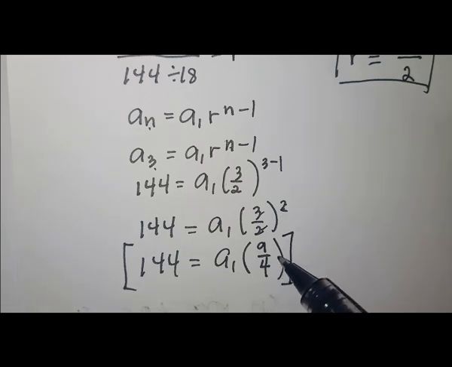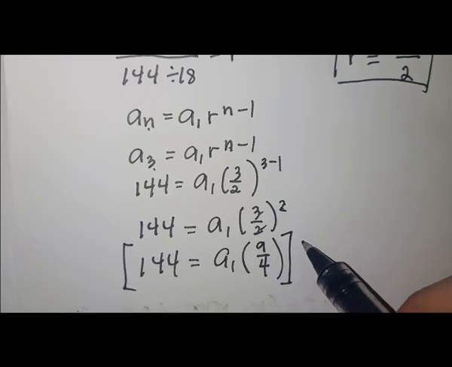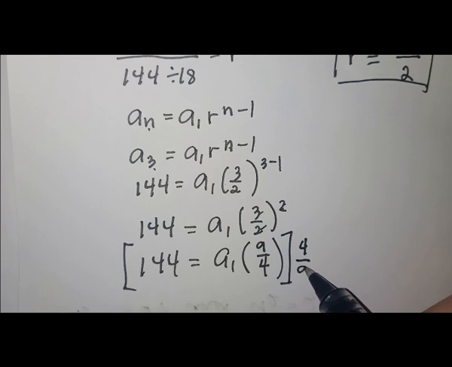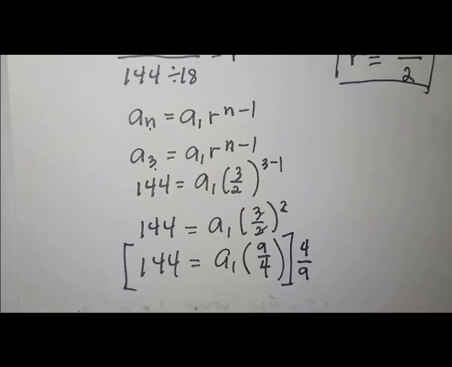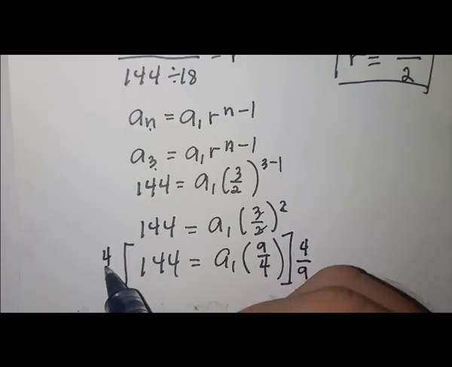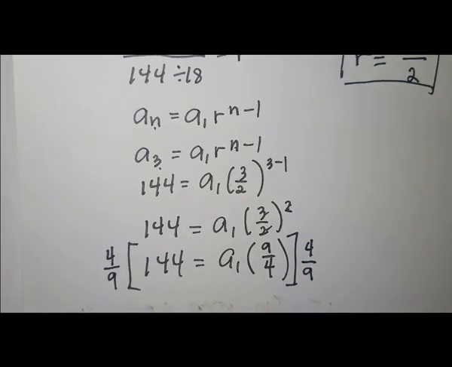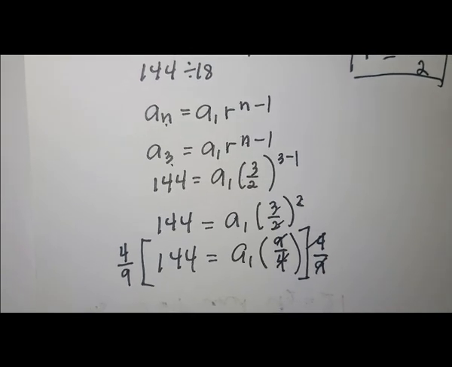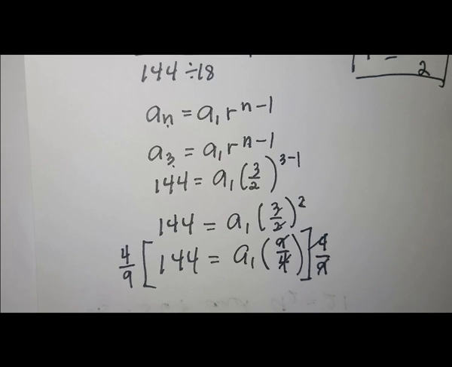So, yung reciprocal ng 9 over 4 is 4 over 9. So dito, meron ding 4 over 9. Dun sa right side, cancel na yung 9, cancel na yung 4. Sa left side naman, magkakaroon tayo ng 144 times 4.